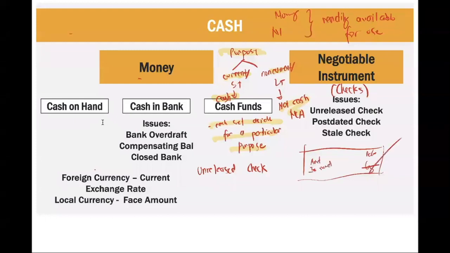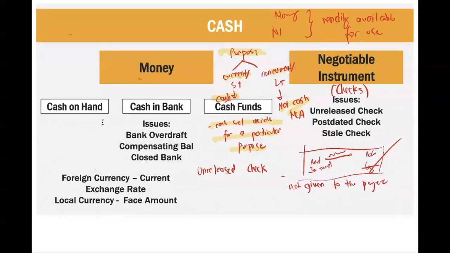That is already your check. If this check is not given to the payee, okay, who is the payee? The payee is the person named in this particular check. If we did not give that check to the payee, then it's considered an unreleased check.